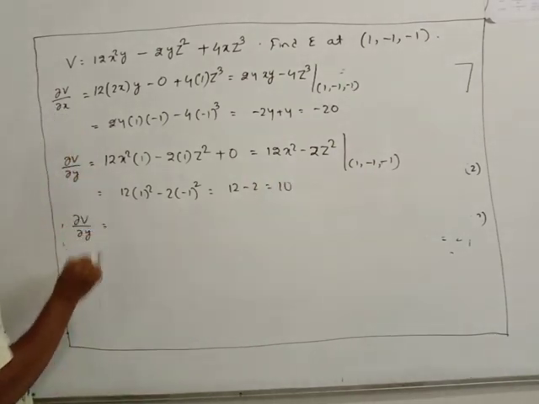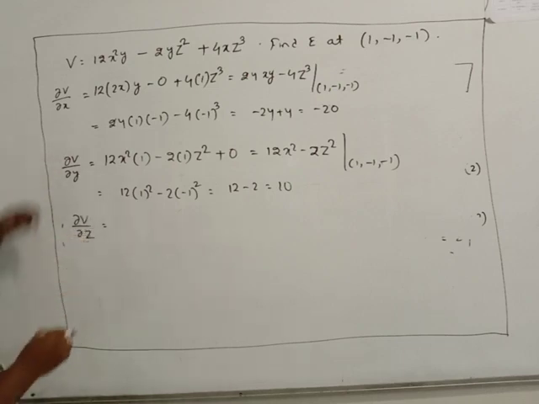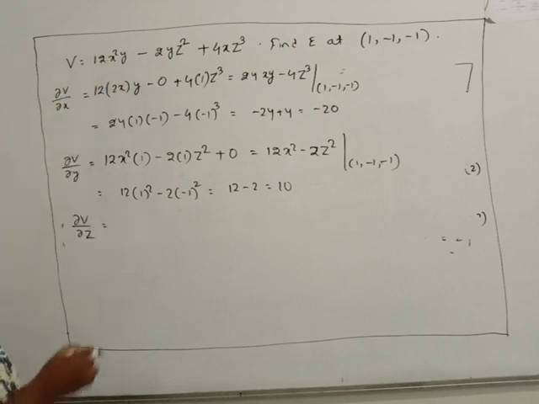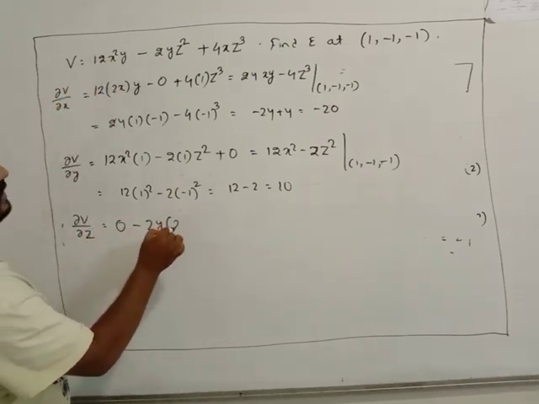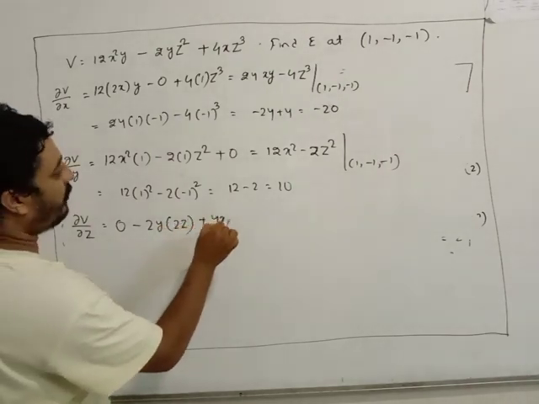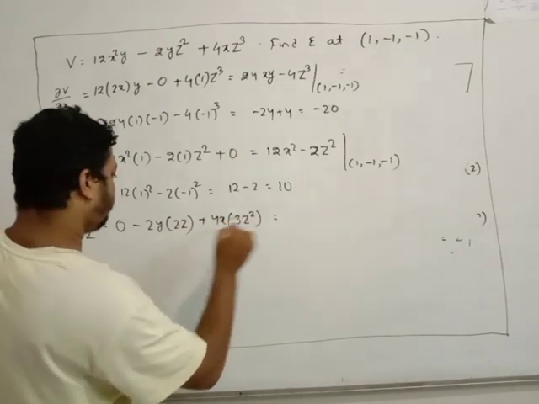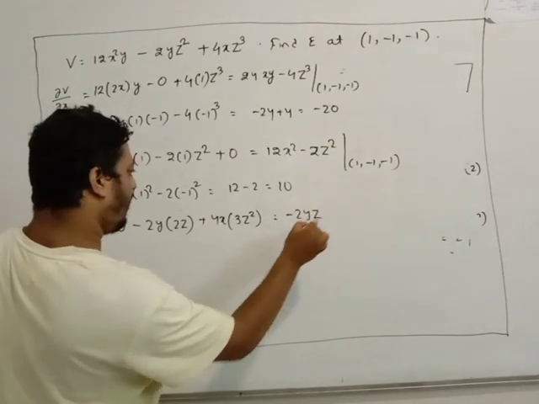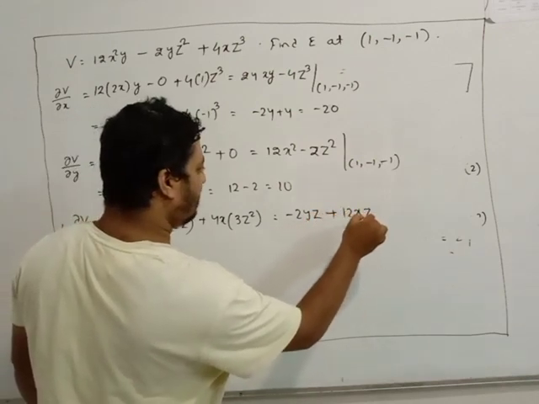Dou v by dou y, sorry, dou v by dou z. This has no z terms, so it is 0. Minus 2 into y into derivative of z square is 2z plus 4x into derivative of z cube is 3z square, so minus 4yz plus 12xz square.